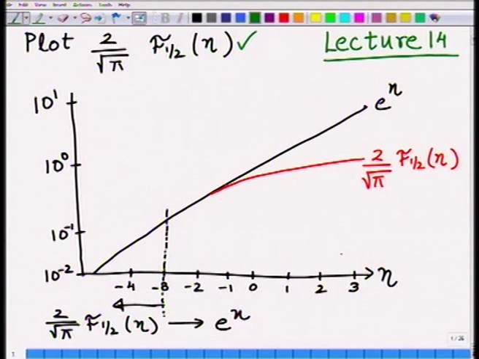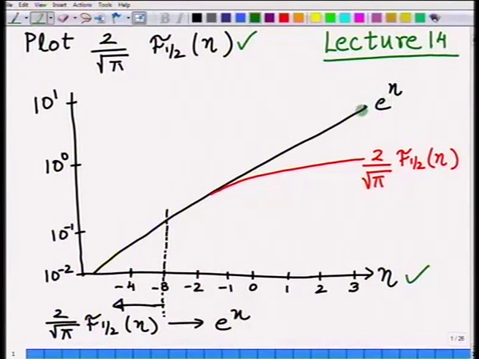Then I also simultaneously plotted e to the power eta right here, and I was saying that at least for eta less than minus 3, to the left of this value, we could approximate this function as equal to e to the power eta.